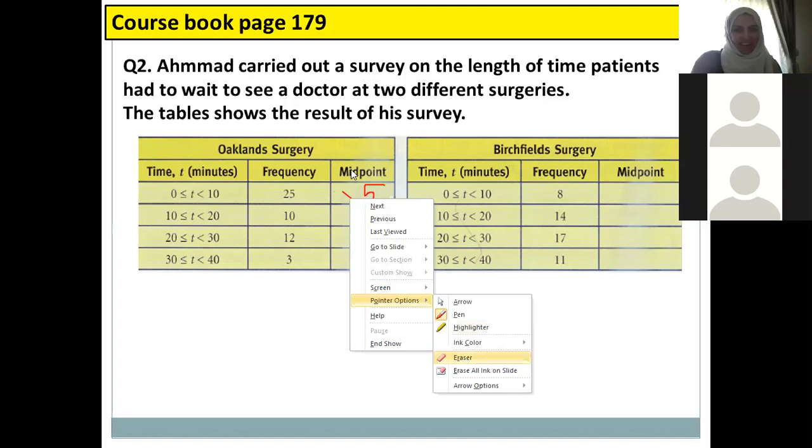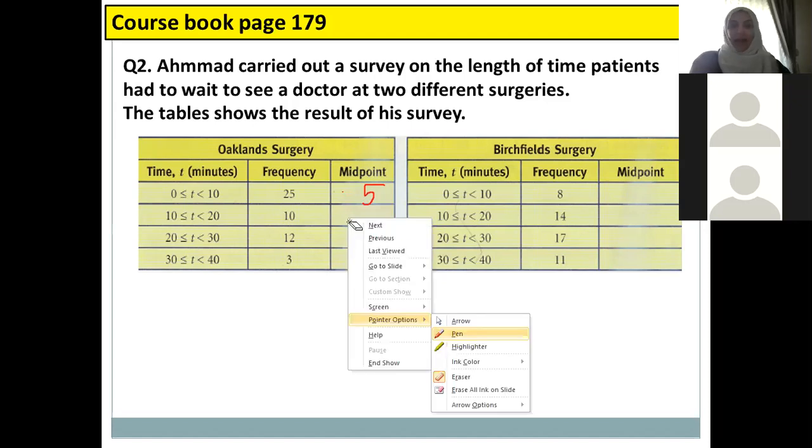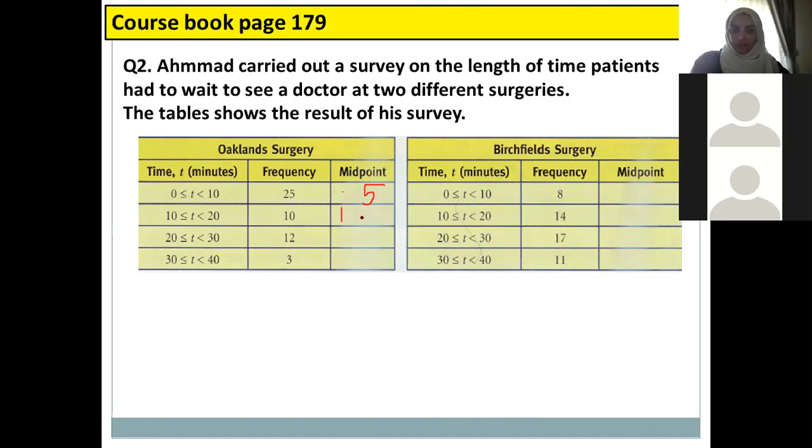The first midpoint was 5, and then let's go to the pointer again. It's a bit slow. The second midpoint is 15. That's right. Third midpoint, 25. Yes, that is 25. And then after that, 35.